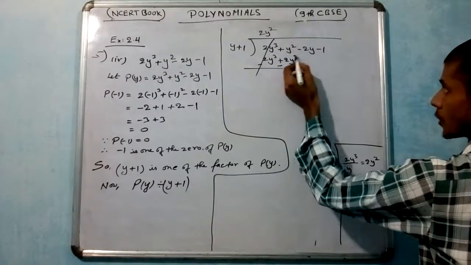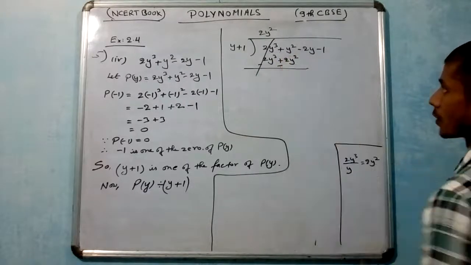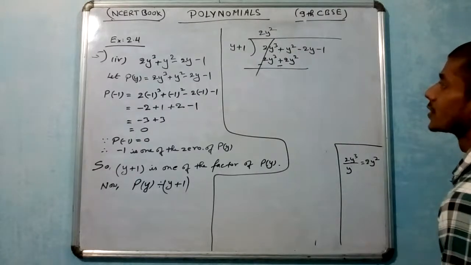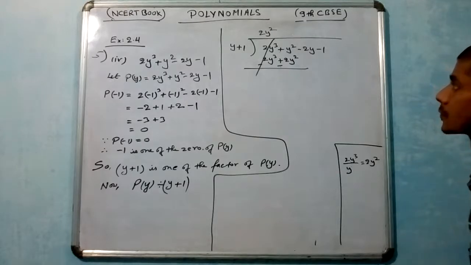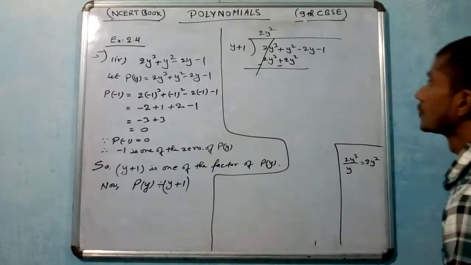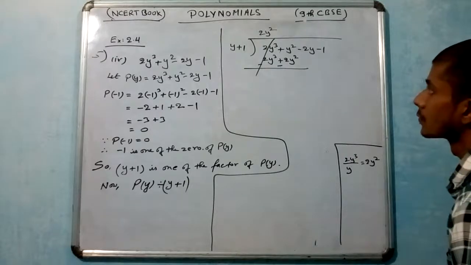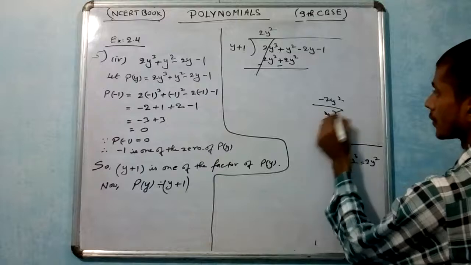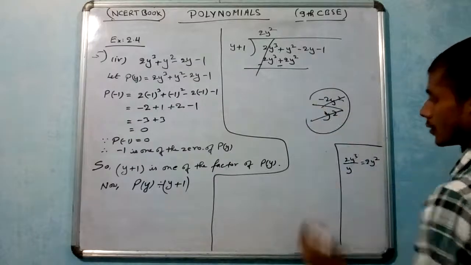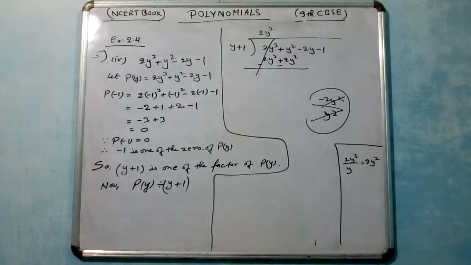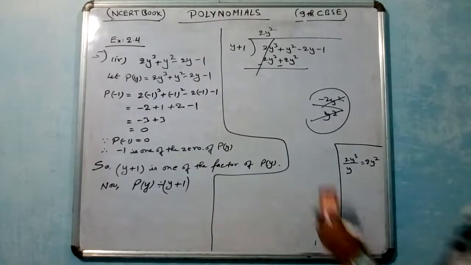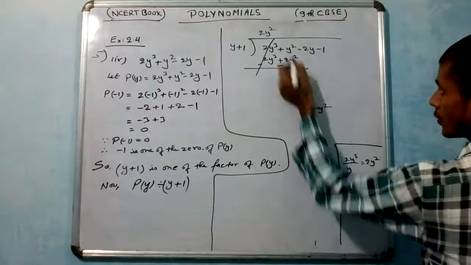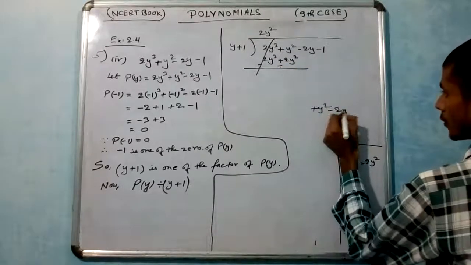Plus y square minus 2y square. So say how much? Why are you dividing, man? You are dividing this 2y square by y square. Again you started division. What is this? Plus y square minus 2y square.